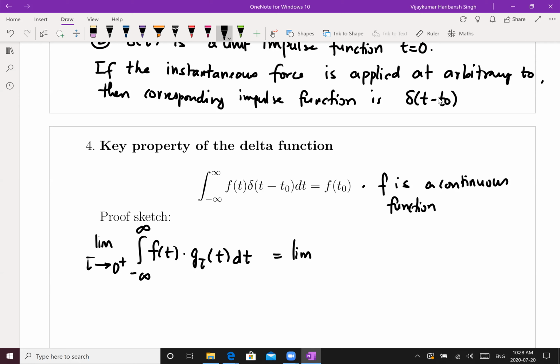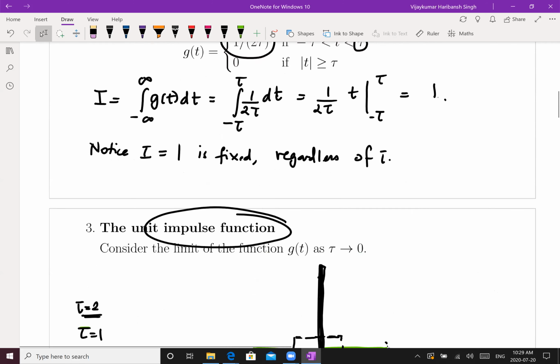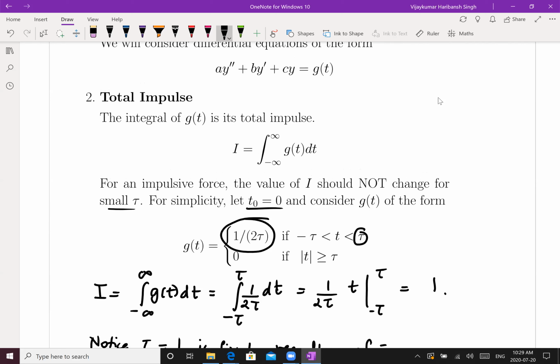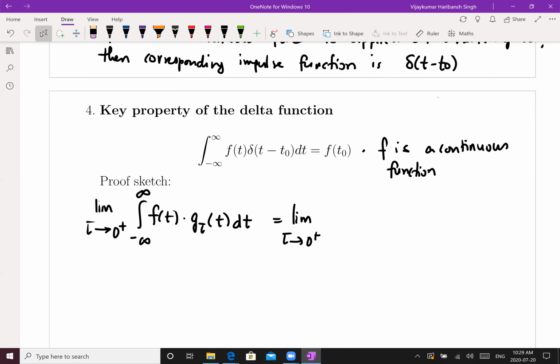So this is going to be limit as tau goes to 0 plus. How is g of t defined? g of t at around 0 will be defined as 1 by 2 tau if you're from minus tau to tau and 0 otherwise. So everywhere else is going to be 0, and the integral is from t naught minus tau to t naught plus tau of f of t dt, right?